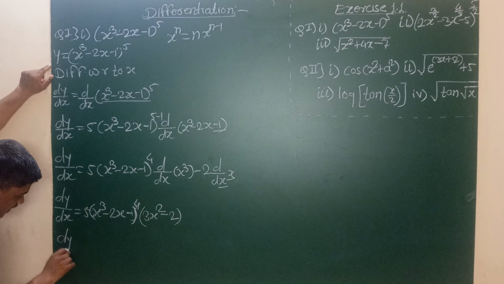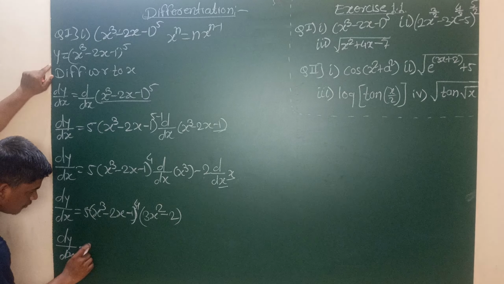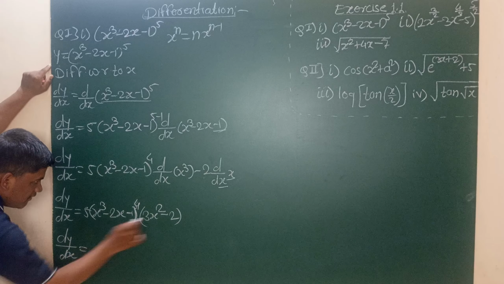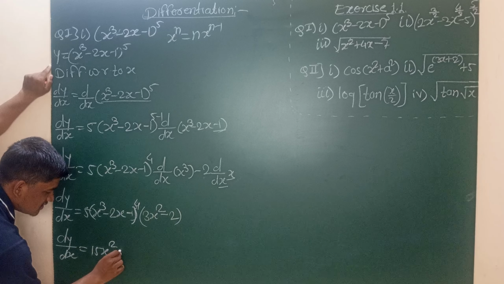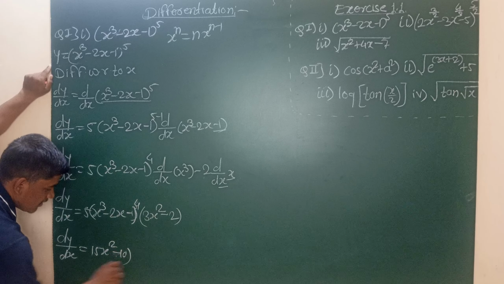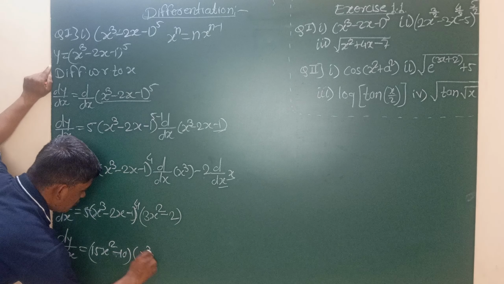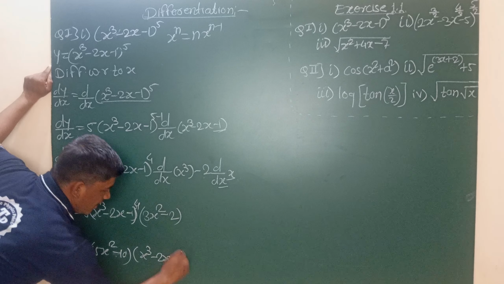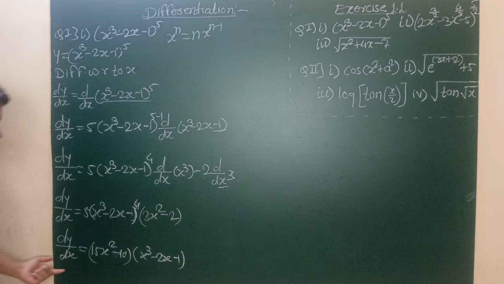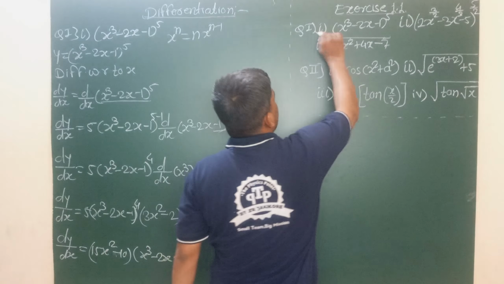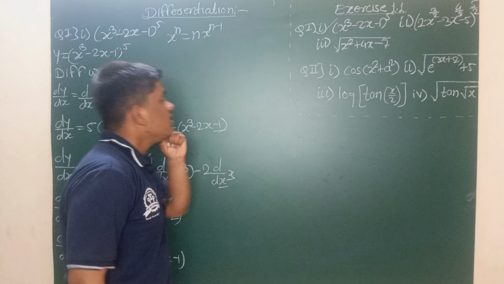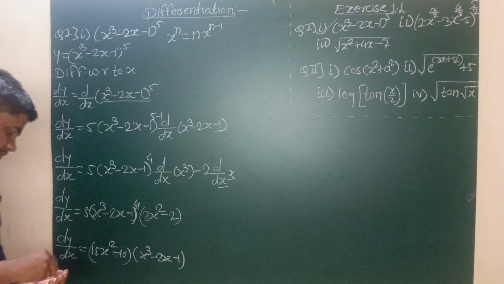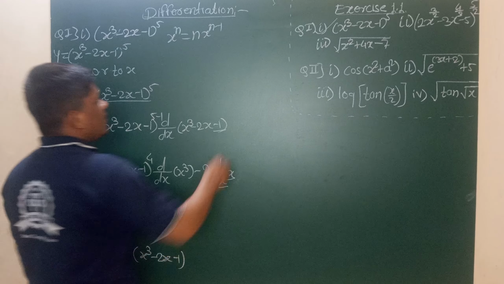Now dy by dx is equal to 5 into this function, that is 15x square minus 10, into x cube minus 2x minus 1. This is the differentiation of the function x cube minus 2x minus 1 whole bracket raised to 5 with respect to x. Now, what is the second question, question number 2?